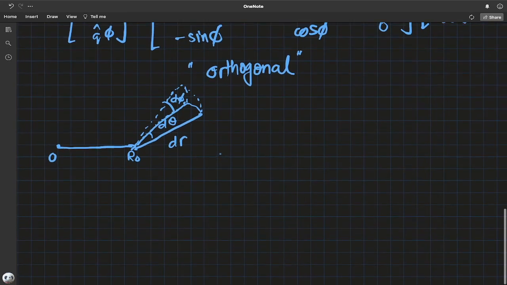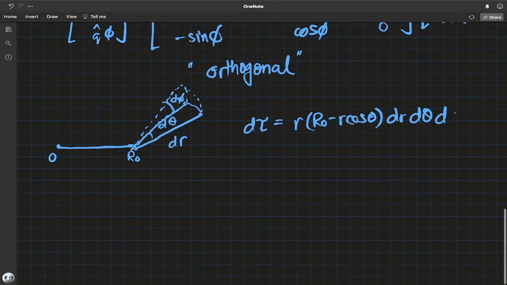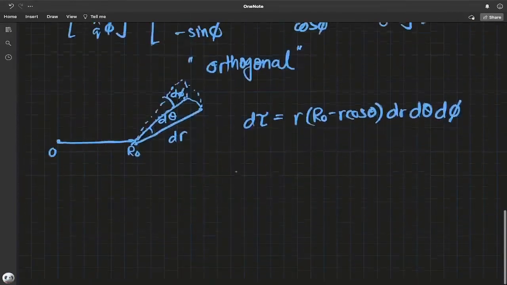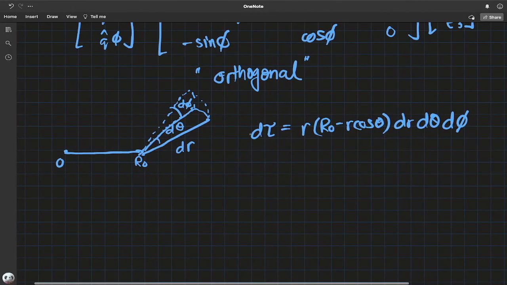I hope you see this. I hope this makes sense in any way, because d tau is nothing but 1 times r times r0 minus r cosine theta dr d theta d phi. If we integrate this, we can get the volume of a torus. So you see how convenient this is.